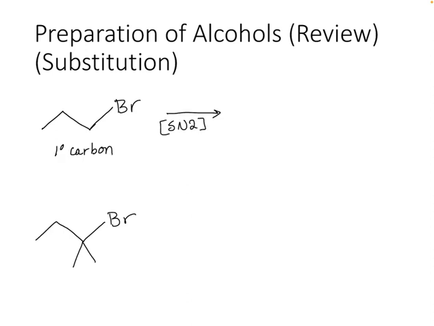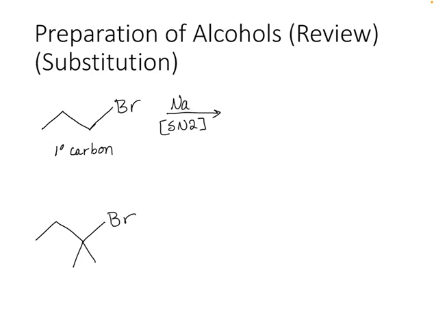All right, so if we're performing an SN2 reaction, would we use a weak nucleophile or a strong nucleophile? A strong nucleophile, because everything's going to happen in one step, so the nucleophile is going to attack first.